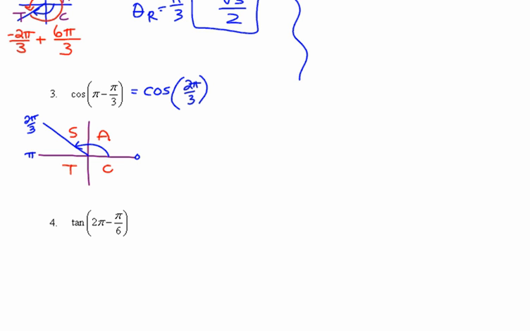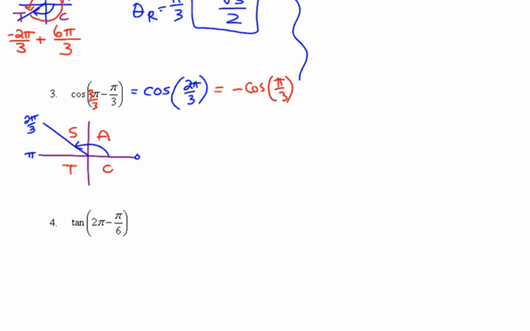Negative. So we can say cos of 2 pi over 3 is equivalent to the negative cos of our reference angle, pi over 3.